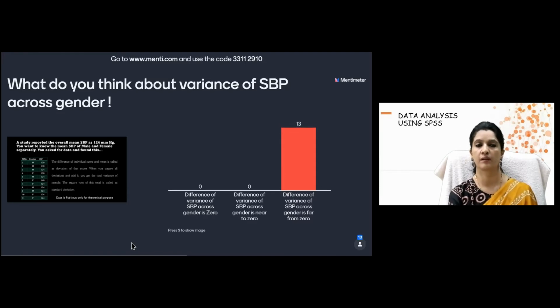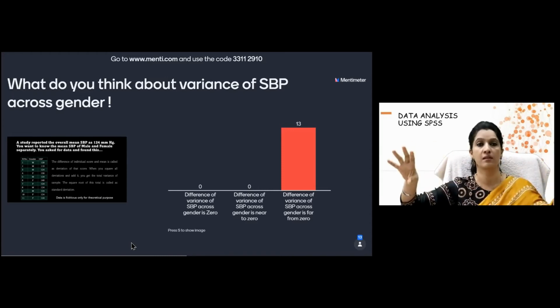In the natural course, the difference of variance is never 0. There would be some difference. But if it is very near to 0, that means there is homogeneity of variance. That means we can consider these two variances comparable. They are not very far placed, not very different.